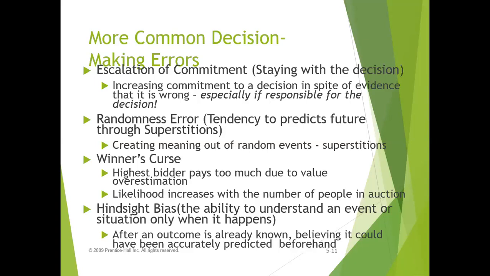Hindsight bias is the ability to understand an event or situation only when it happens. After an outcome is already known, people believe it could have been accurately predicted beforehand. When things happen, we think that this was not in the previous information, that we could not have judged in the previous time frame.